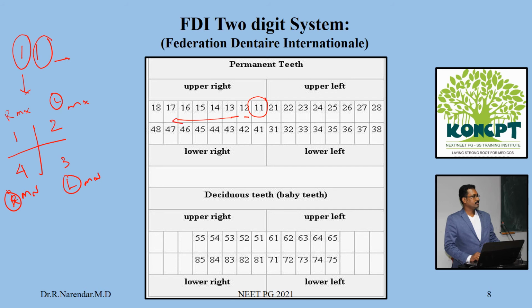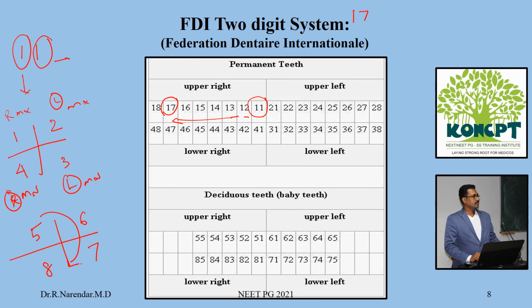For deciduous teeth, the denotation changes for the quadrants 5, 6, 7 and 8. It goes in a clockwise direction. Suppose if you want to denote this tooth, you have to say what tooth it is.